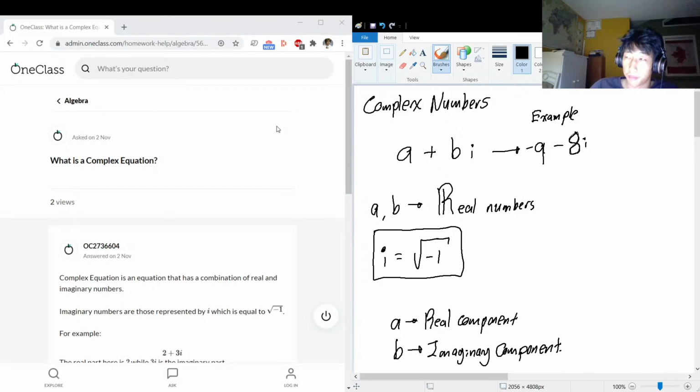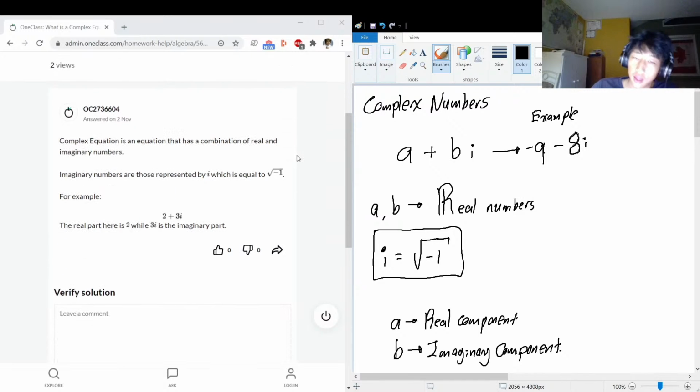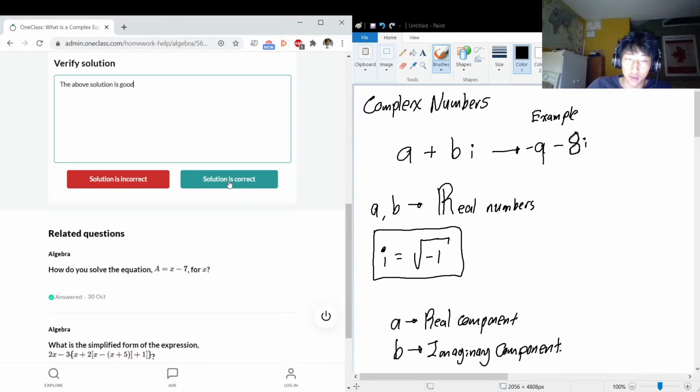So it's an important concept to wrap your head around. The above solution had an example. Maybe it'd be good to show a negative version of that, but the above solution is good.